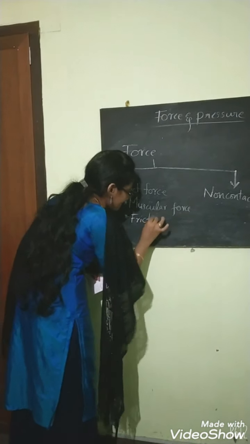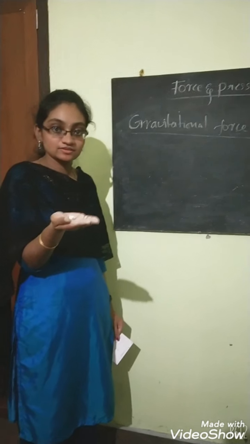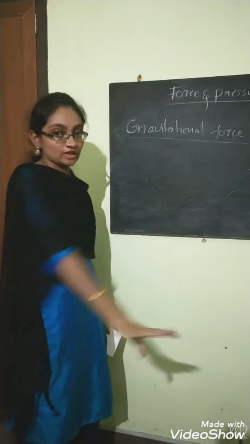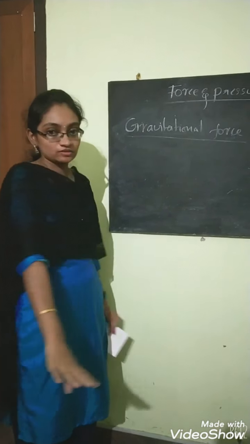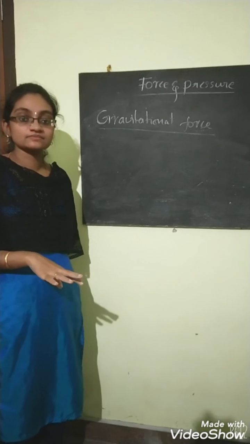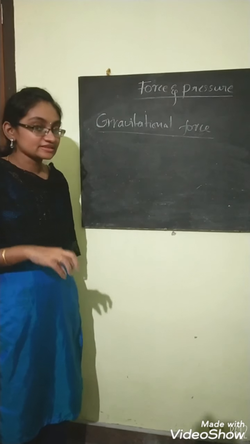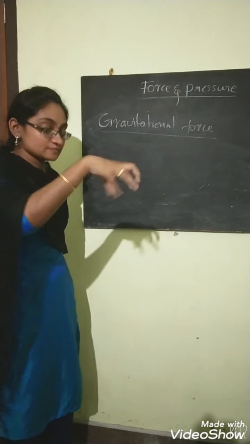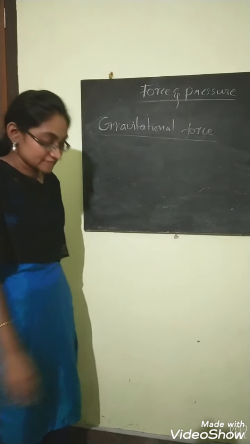Now you can see that I am taking a chalk piece and dropping it, and it goes down. What is the reason this chalk is not going upward and it just goes down? It is because there is an attraction which pulls this chalk piece down.